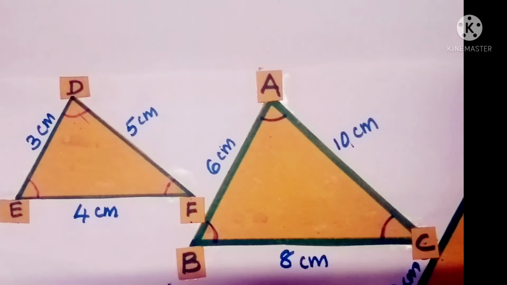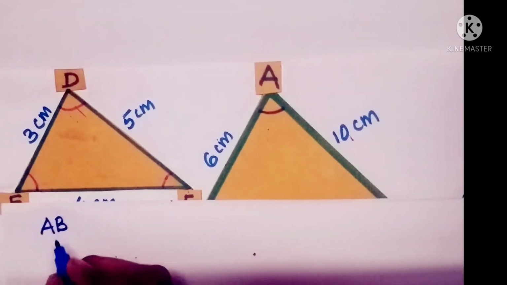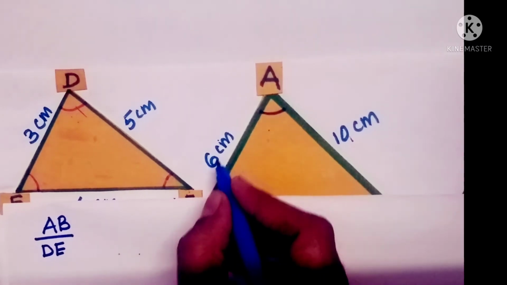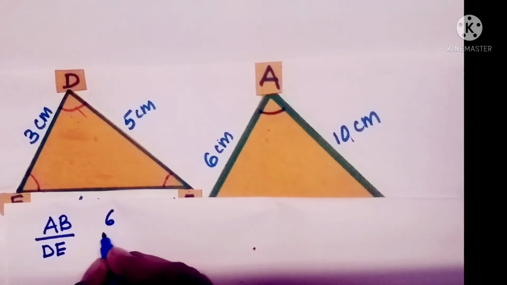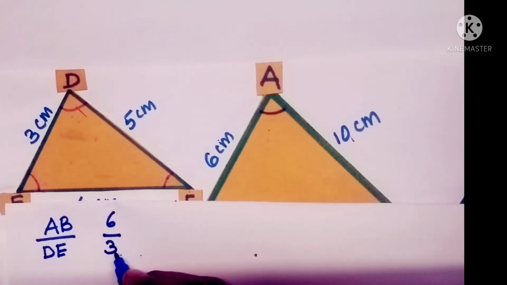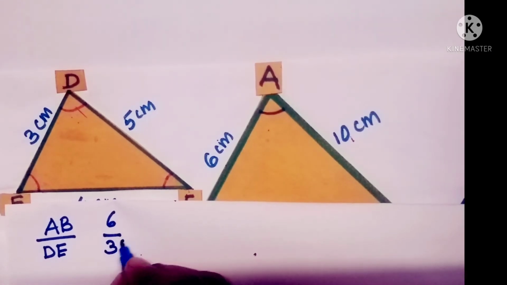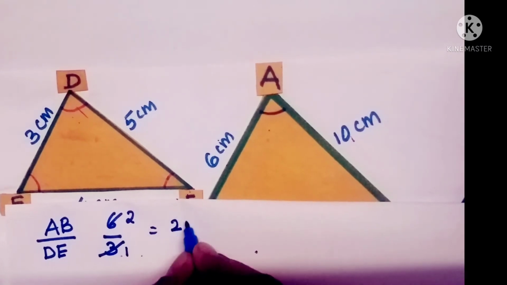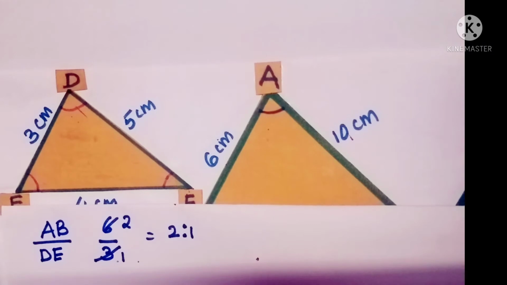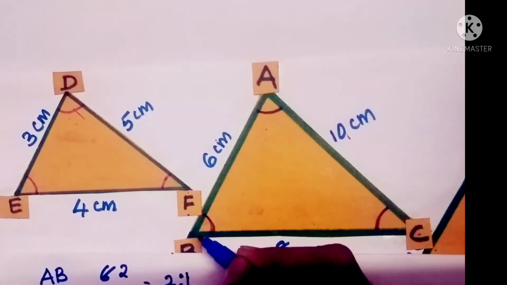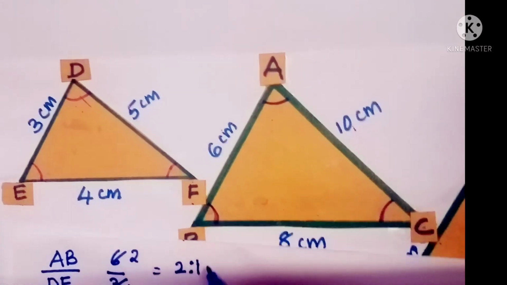When I take their ratio, AB by DE, AB is 6 centimeters and DE is 3 centimeters. If I take their ratio, 3 ones are 3 and 3 twos are 6, so their ratio is 2:1. The ratio of the corresponding sides AB by DE is 2:1.